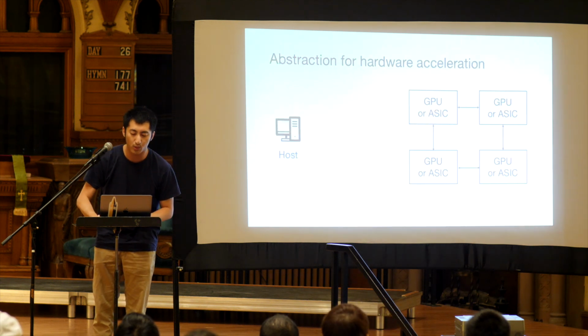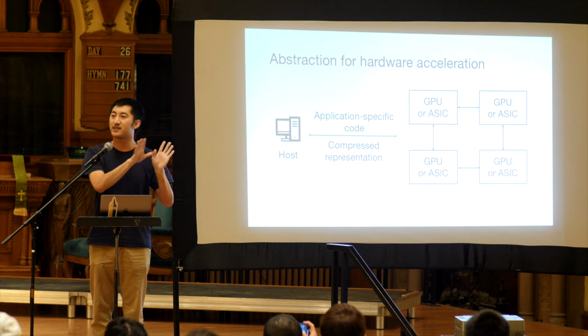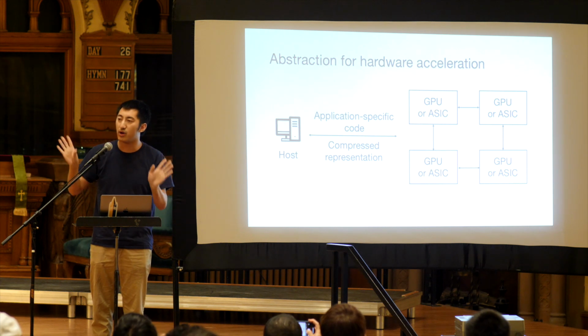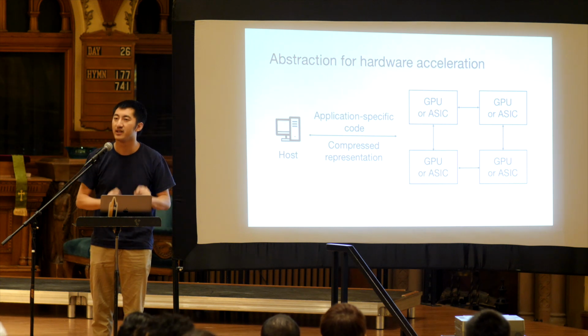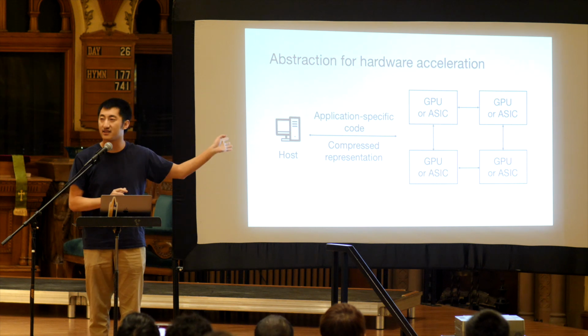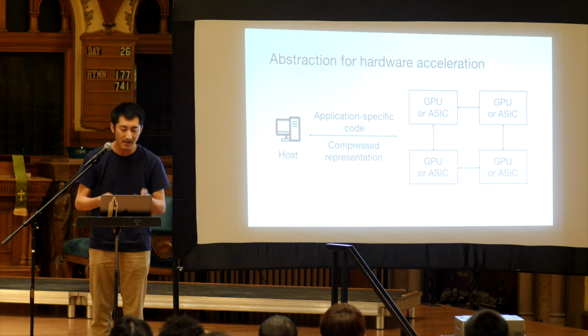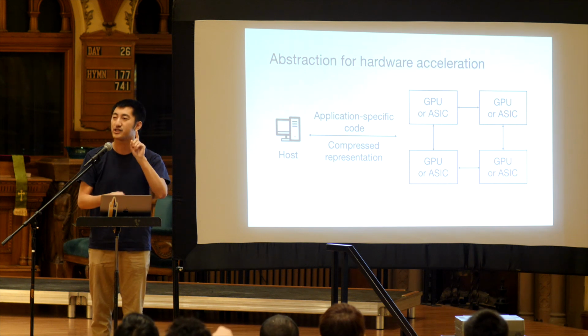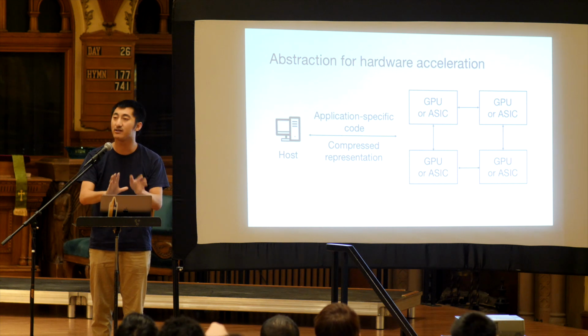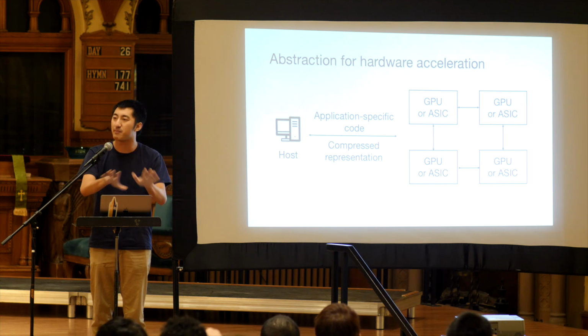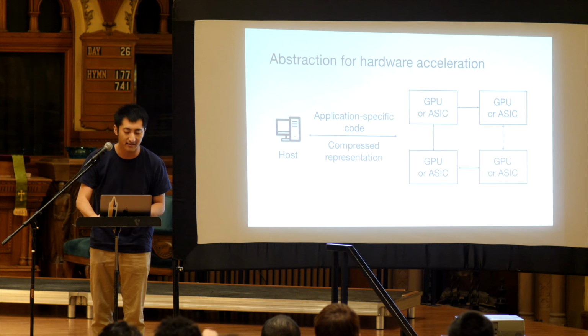And this leads to what I believe is basically the correct way to abstract and model hardware acceleration for ZK. You need devices to receive only the minimal information that is really necessary, and you send application-specific code, which might include a decompression algorithm, to tell the GPU or ASIC how to expand that data into polynomials and other things.